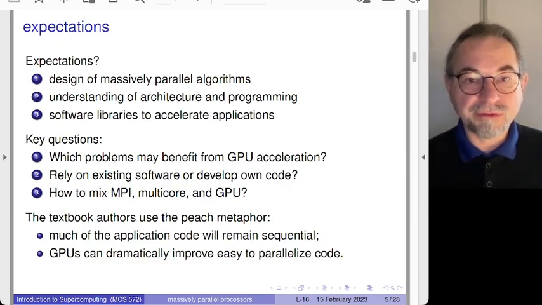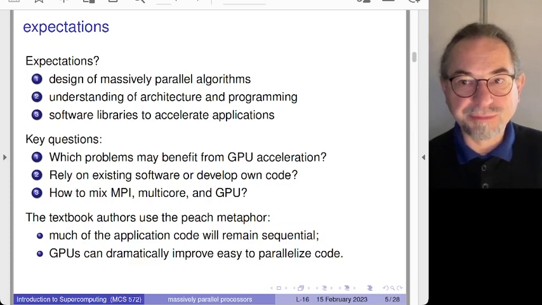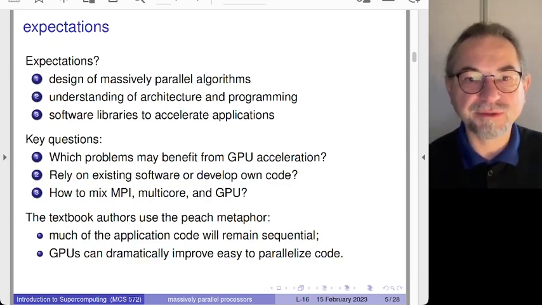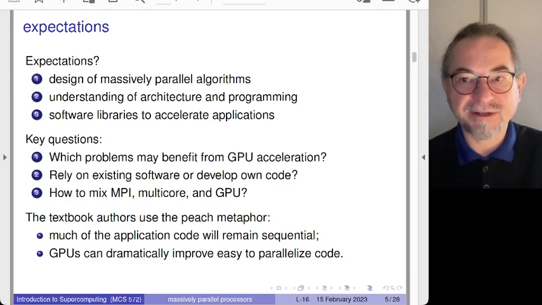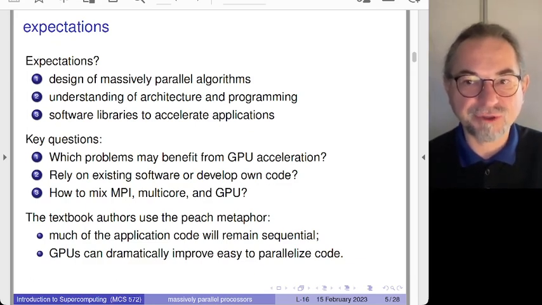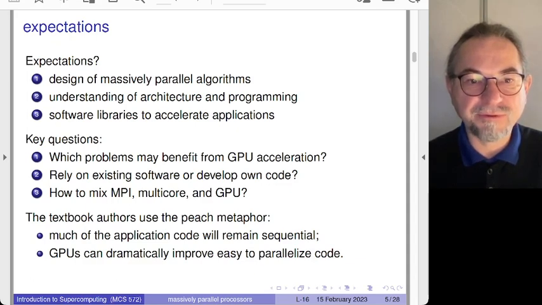In the first runs of the course, GPU acceleration was a third topic towards the end of the course. Now I've shifted this before the midterm exam, so before the middle of the course. And this is to allow for an opportunity to mix message passing, multi-core, and GPU acceleration.